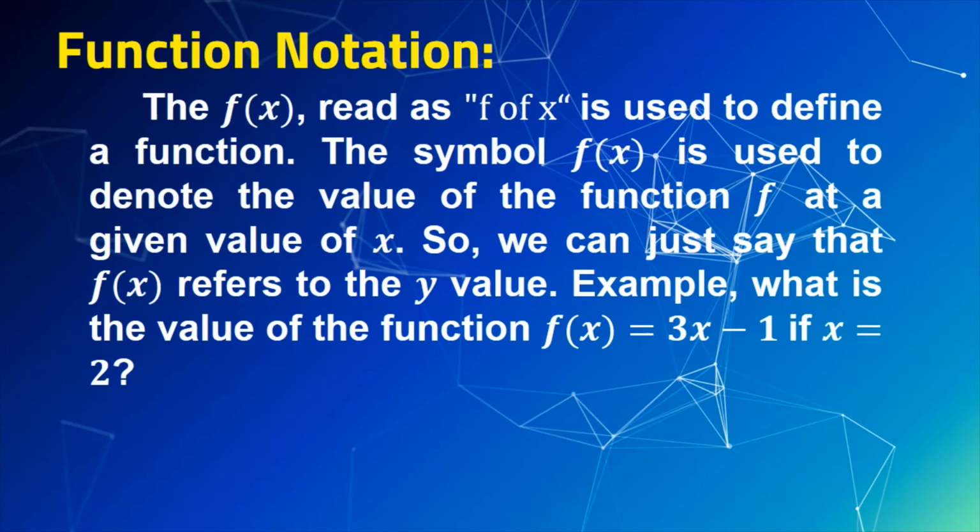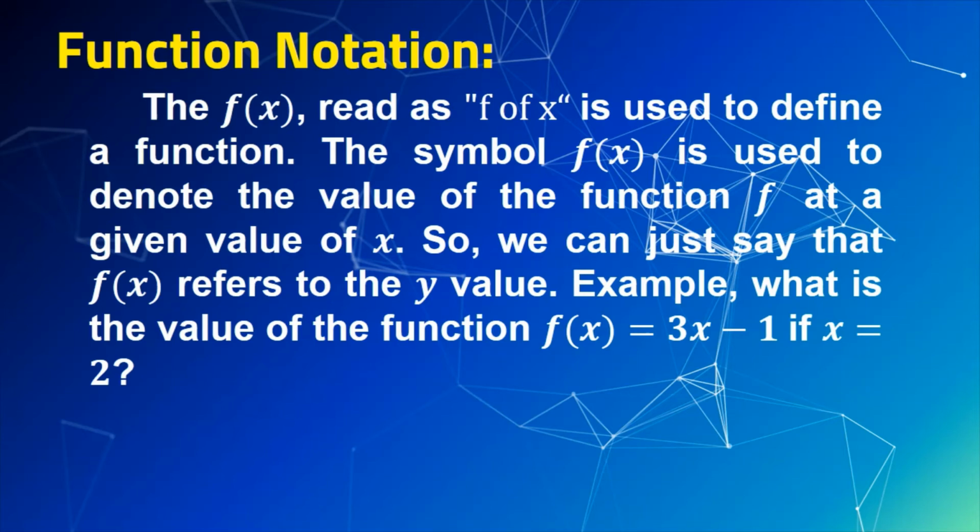The symbol f of x is used to denote the value of the function f at a given value of x. It means that f of x refers to the y value if you substitute a certain value for x. Example: what is the value of the function f(x) = 3x - 1 if x is equal to 2?